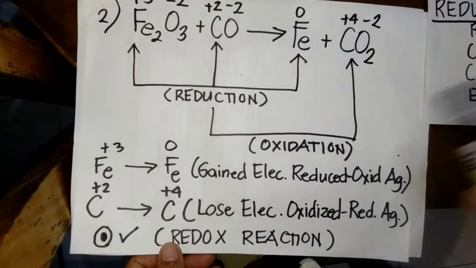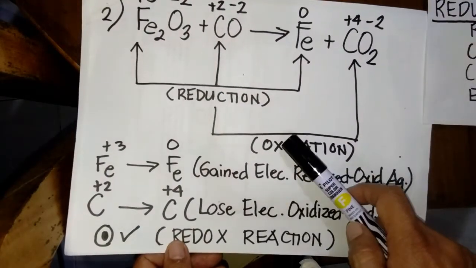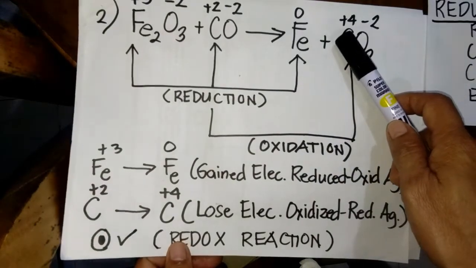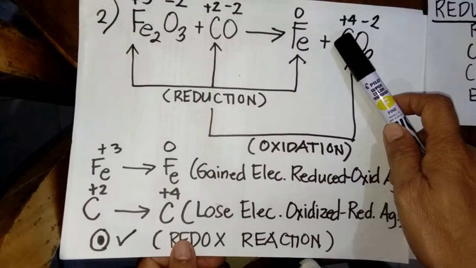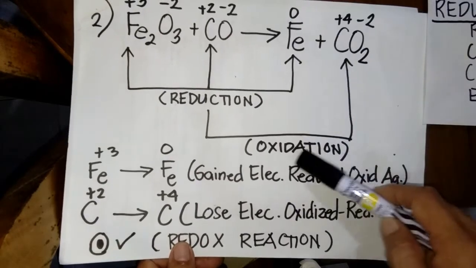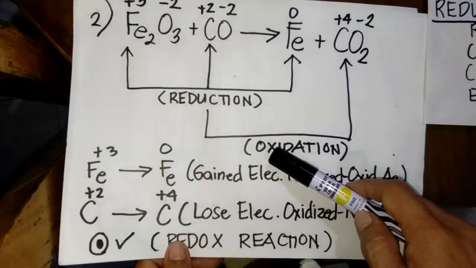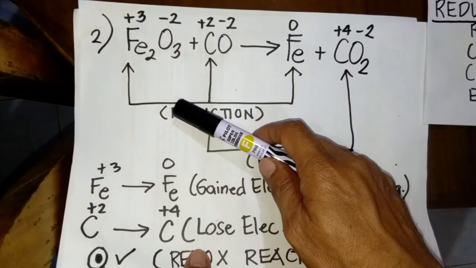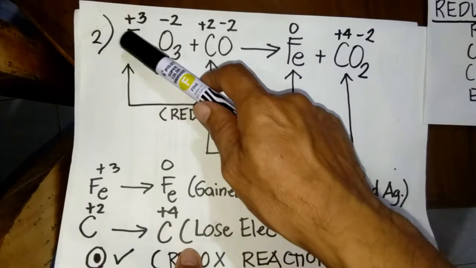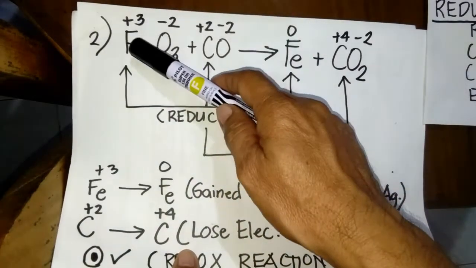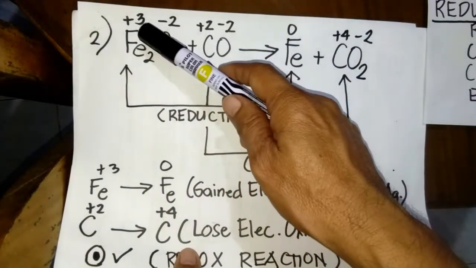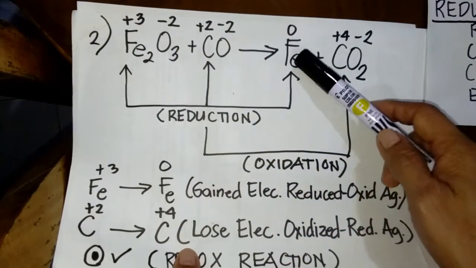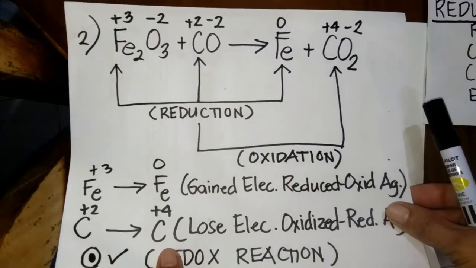So you see here, oxidation, becoming more positive from positive 2 to positive 4. It is becoming more positive. That's why it is called oxidation. Now, it is a reduction when the oxidation number becomes more negative or less positive. So reduction, the Fe to Fe, because the oxidation number becomes less positive. Okay, so those are the rules that we have applied.